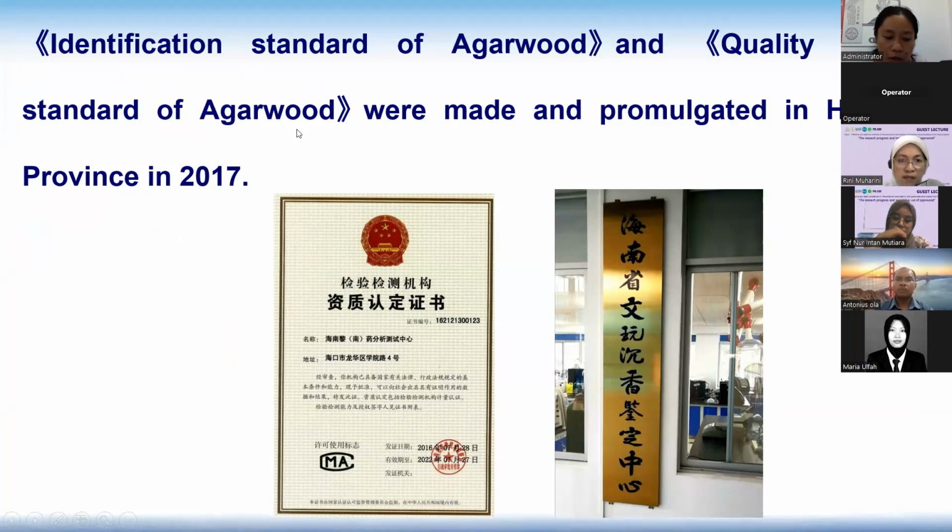They have also been accepted by the government, and now we already have the license from the government to identify agarwood in our institute. So here, this means this is an identifying center for agarwood.